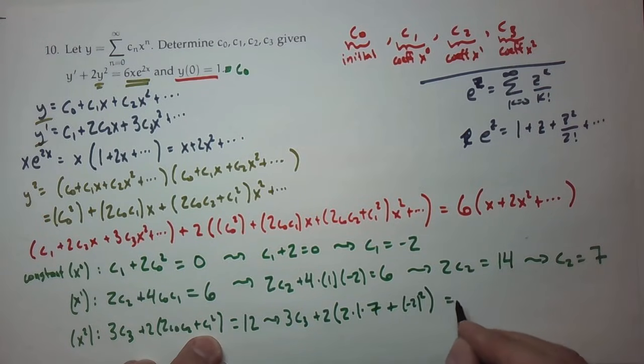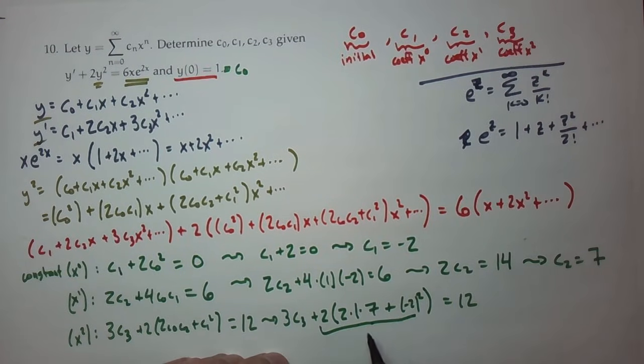All that equals 12. Well, 2 times 1 times 7, that's 14, plus 4 makes 18, times 2 means all of this is 36. Move it across. 3c3 is 12 minus 36, which is negative 24. Divide: c3 is negative 8.